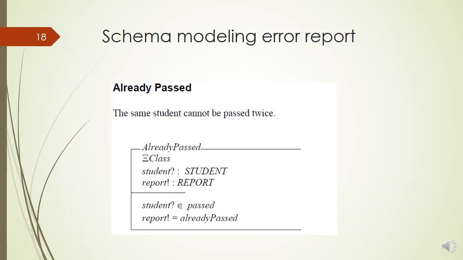An attempt to add an already passed student in the pass set is an error scenario. So the modeled system must have a functionality to respond to such kinds of errors.